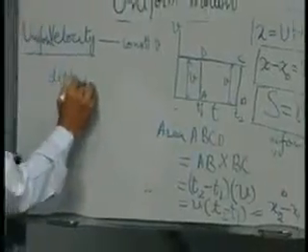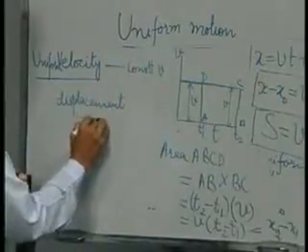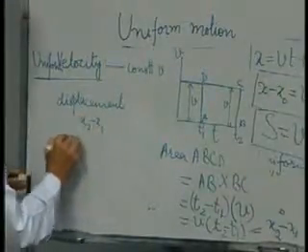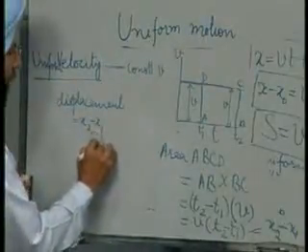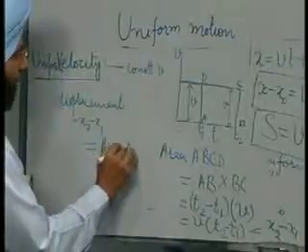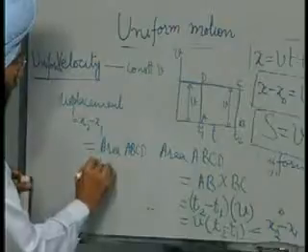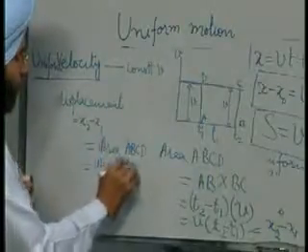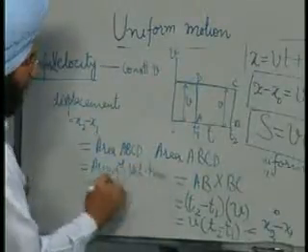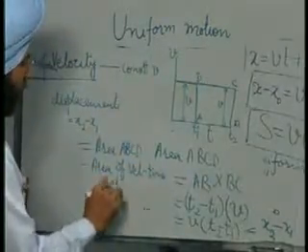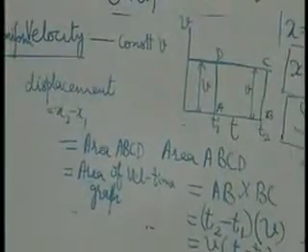Displacement x2 minus x1 is equal to area ABCD, area of velocity time graph. So, if we are given a velocity time graph, we can find the displacement.